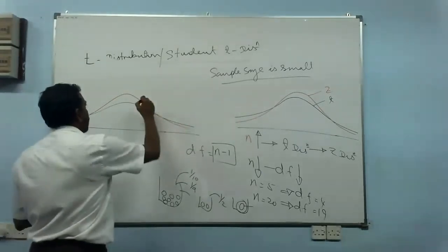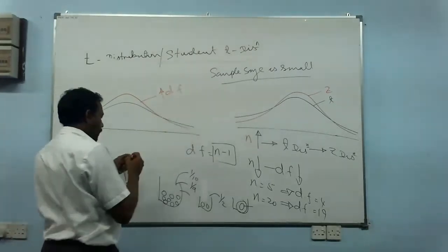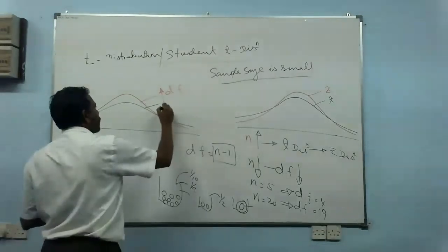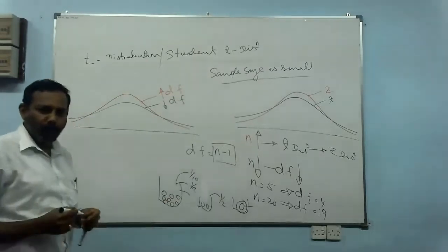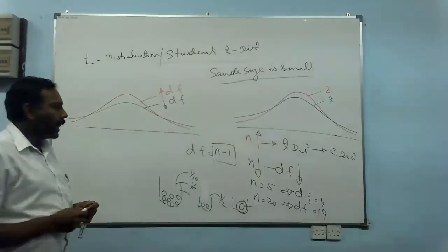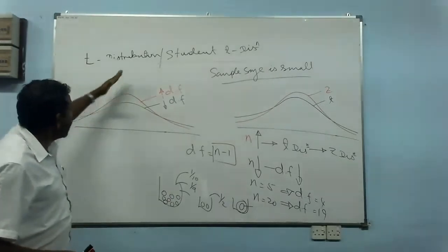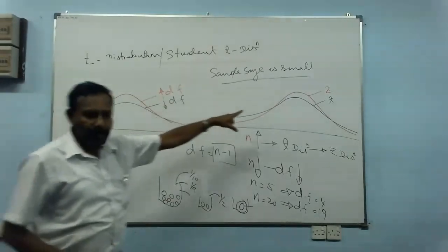So here, this is high degrees of freedom, the red color one. The black color one is the low degrees of freedom. I have drawn only 2 diagrams. If the degrees of freedom increases, this curve becomes more and more towards normal distribution.